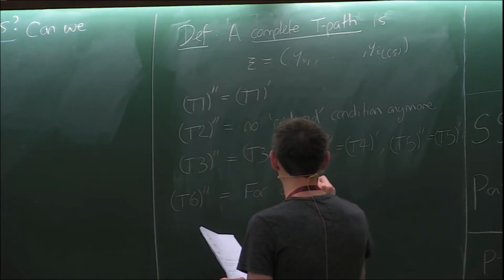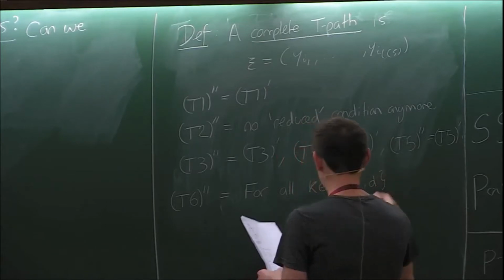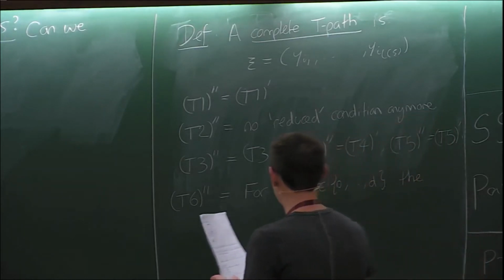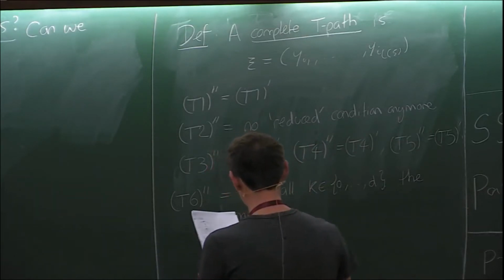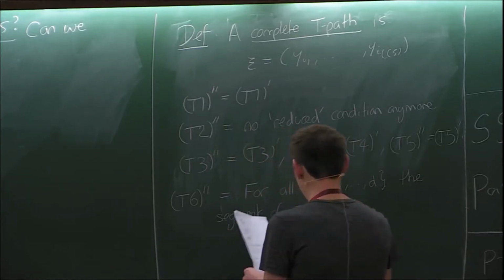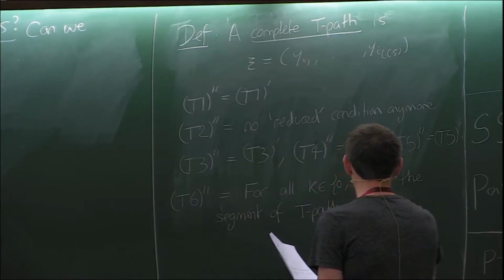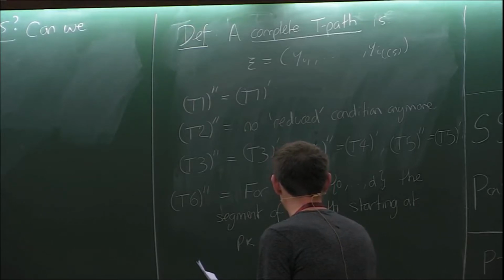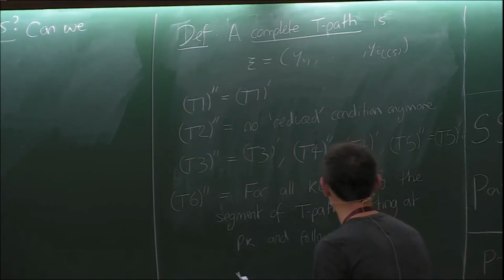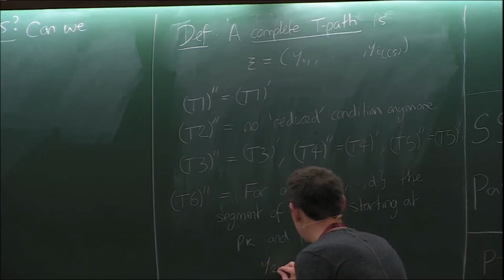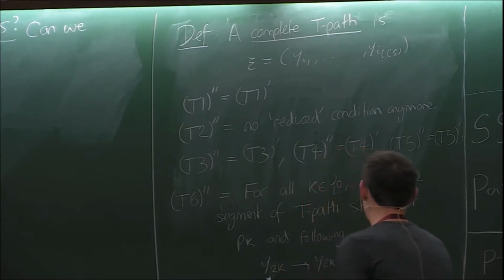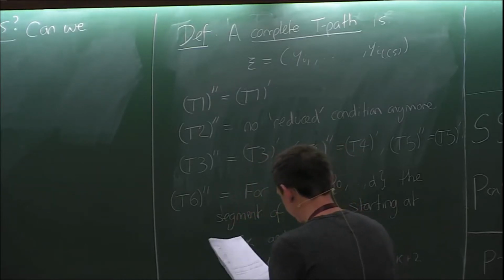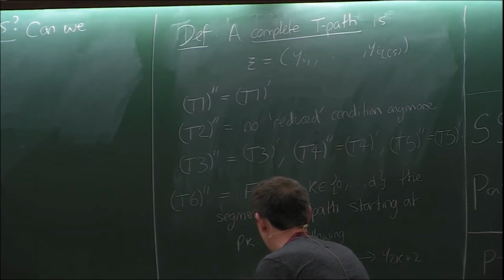Well, it's saying for all k from 0 to d, where d is, again, the number of intersections of alpha with the triangulation, then the segment of t-path starting at pk and then following gamma 2k, then gamma 2k plus 1, and then gamma 2k plus 2, until the intersection point pk plus 1.